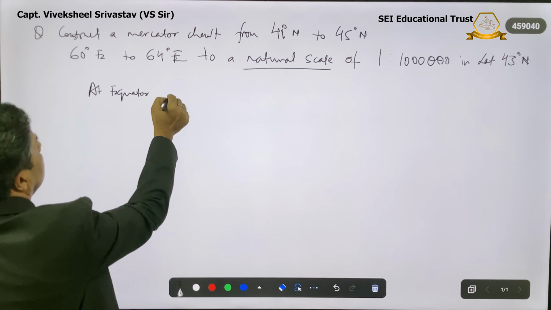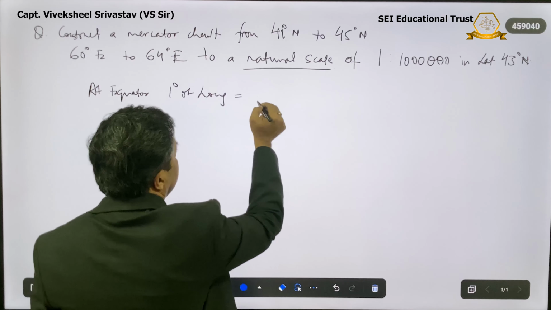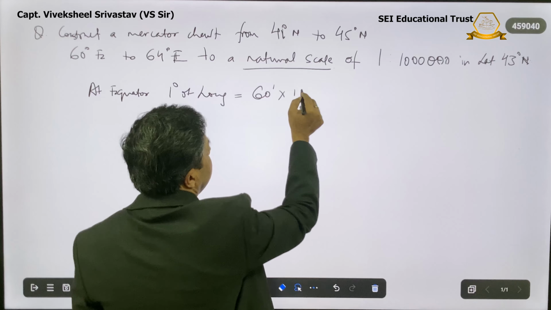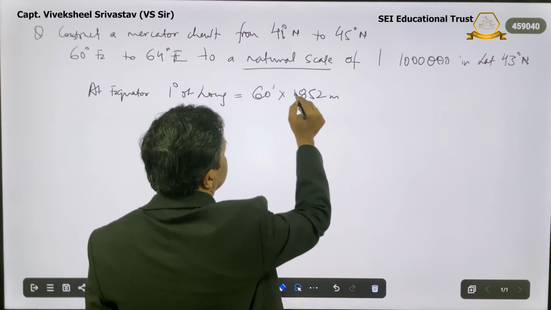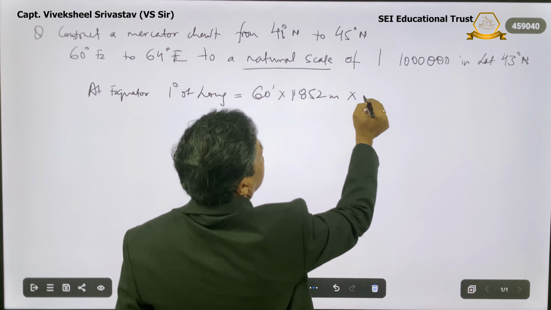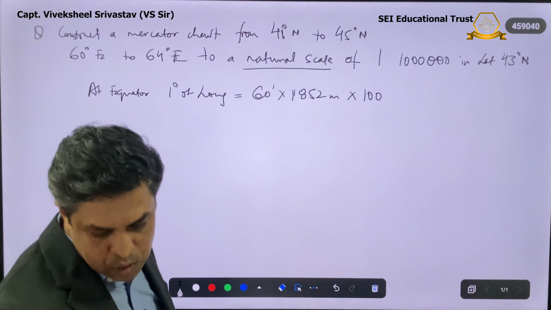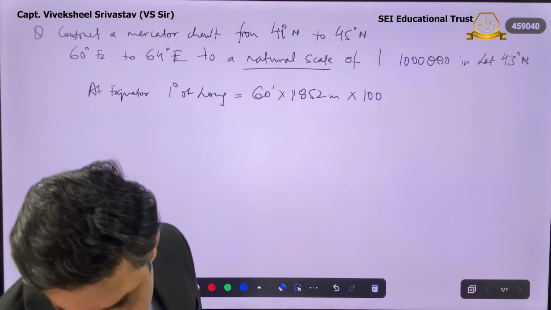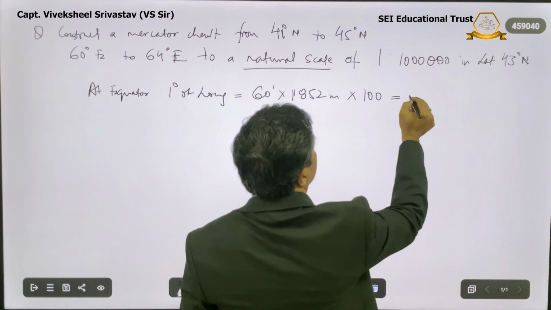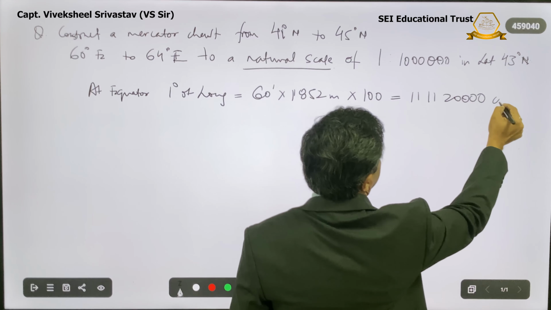So first of all, let's see at equator, 1 degree of longitude is how much? 1 degree is 60 minutes. 1 minute is 1852 meters, and if I want to find out in number of centimeters, then I'll multiply by 100. Okay, and it will come down to 20,000 centimeters.